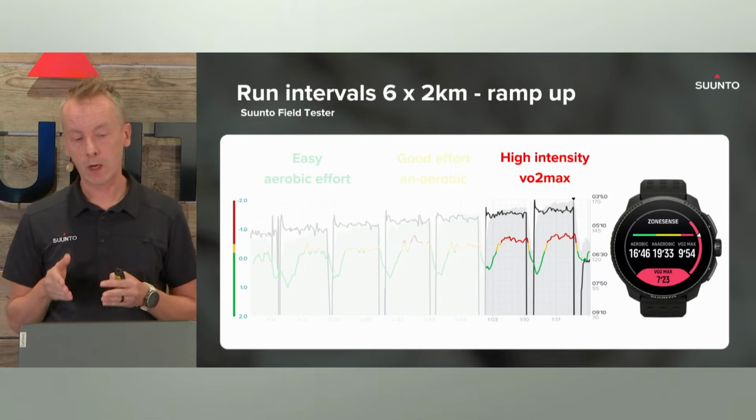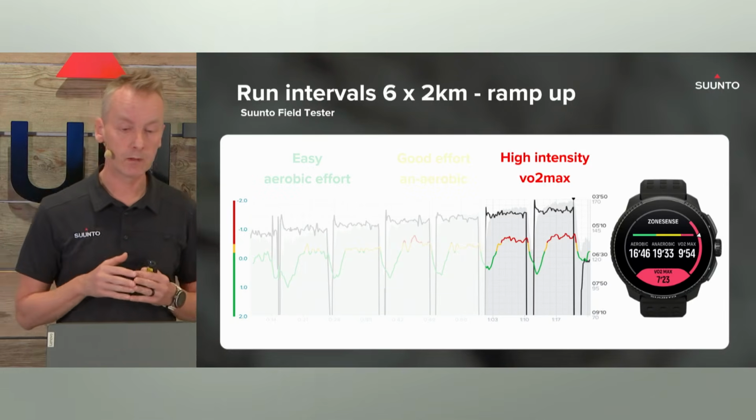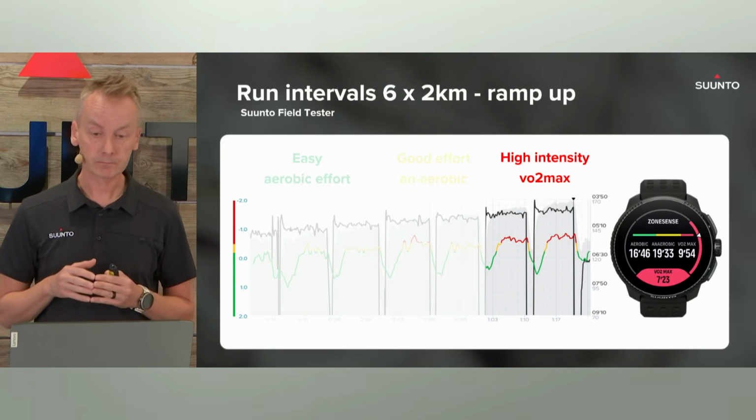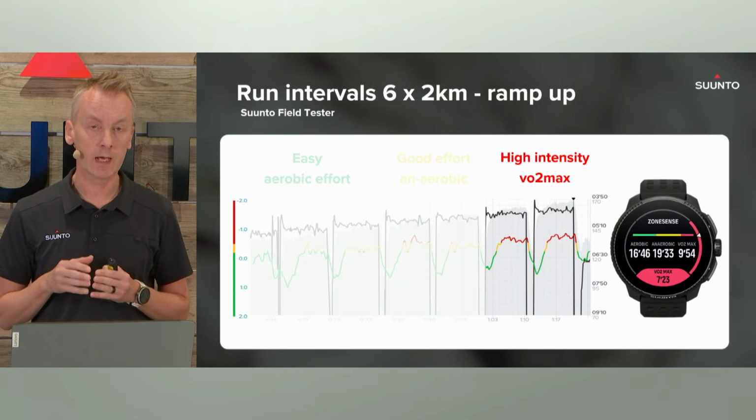Now, one thing I would also highlight here is that even though you are able to use ZoneSense for any type of workout or any kind of exercise, there is a physiological response that also has delay. And also the mathematics we are using here has delay.